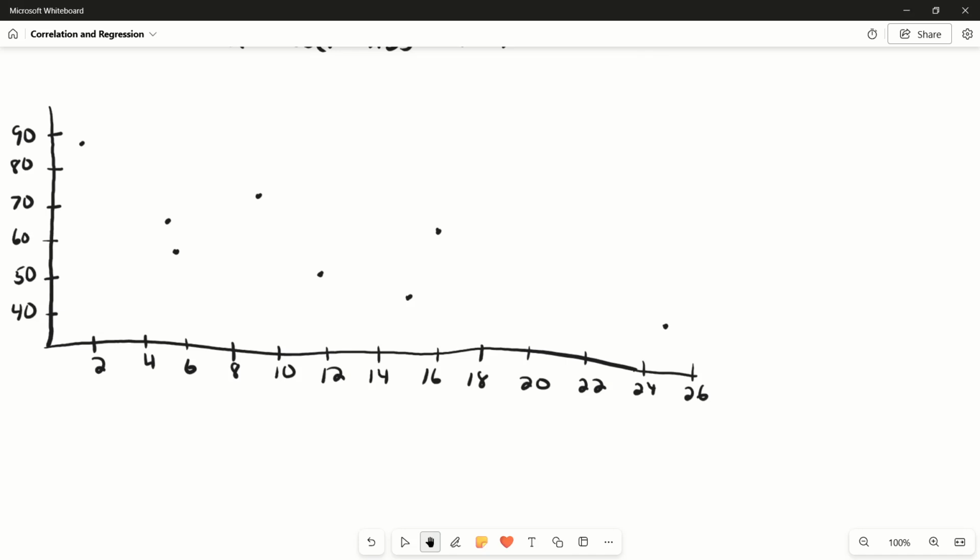Now we're going to move into the regression part of this. So let's say I'm not just looking at the relationship, the correlation, right? Because in correlation, we don't have causality. We only have causality in an experiment. We don't have causality ever with the correlation. We have an X and a Y value.